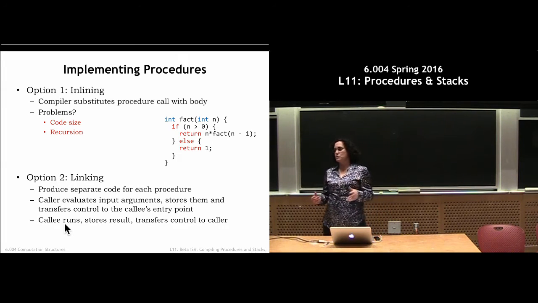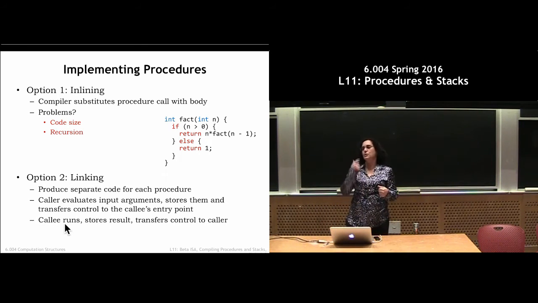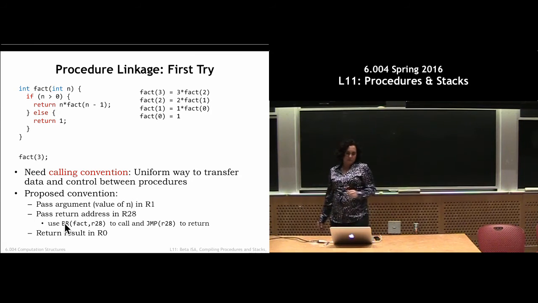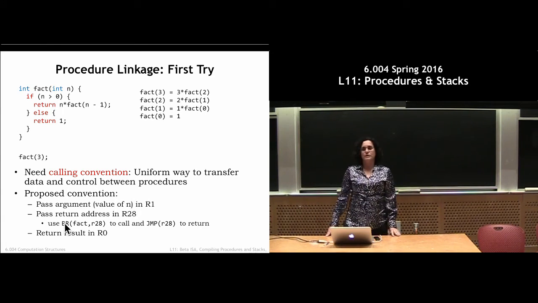It's going to store the result of that instance of running the procedure, and then it should transfer control back to the caller. Okay, so at a high level, that's what we want to do. So let's take a look at our factorial procedure and try to iron out the details associated with this.